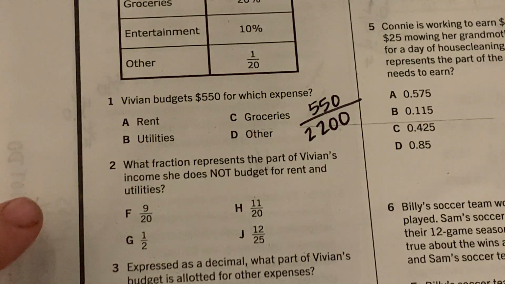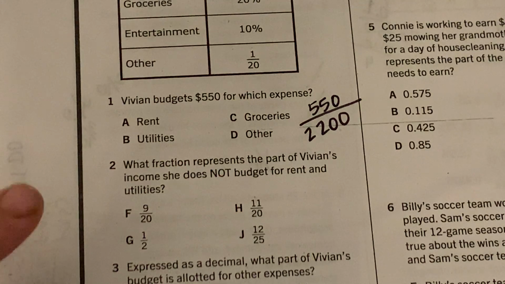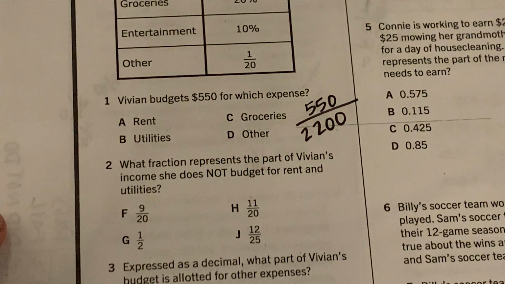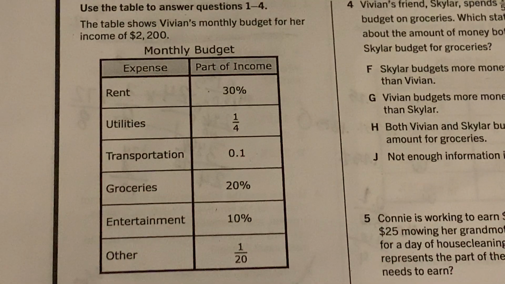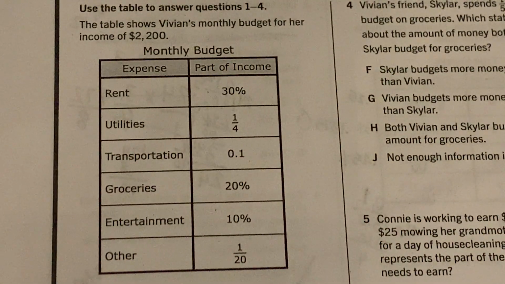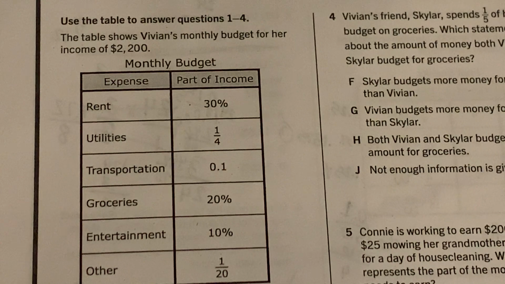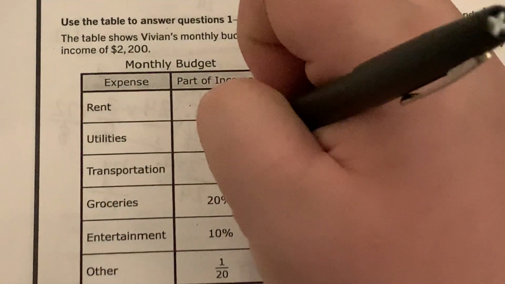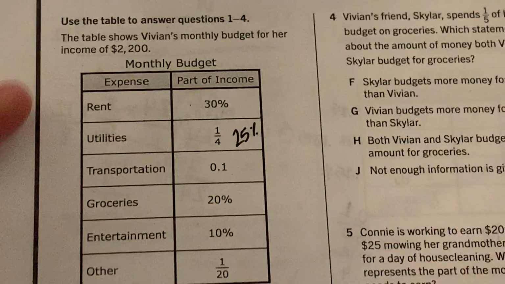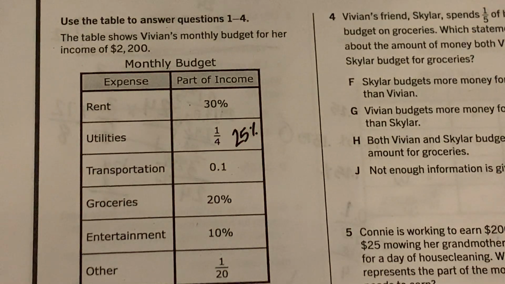What fraction represents the part of Vivian's income she does not budget for rent and utilities? Okay, what percent is she budgeting for utilities if she's budgeting 1/4? So rent and utilities equal what percentage total?